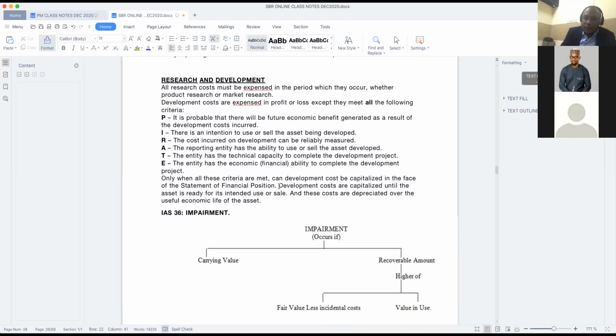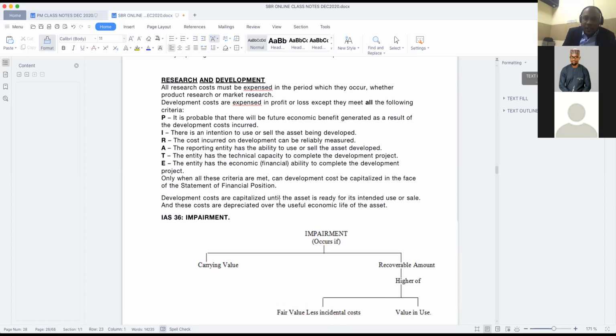So finally, development costs are capitalized until the asset is ready for its intended use or sale. I kept this till the end. So we continue capitalizing the development costs as we are making that medicine, as we are making that machine, as we are making that software. We continue capitalizing the development costs until the asset is ready for its intended use or sale. So once we have now made the machine and the machine is now ready to be used or sold, then we stop capitalization.